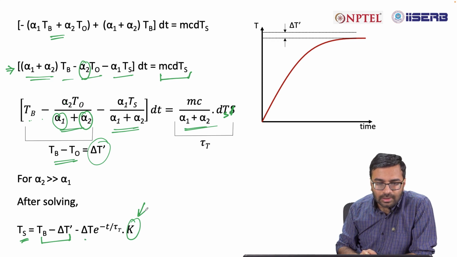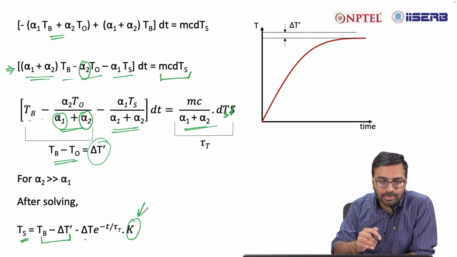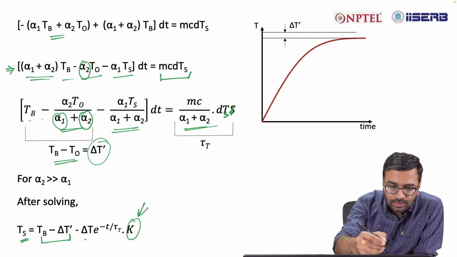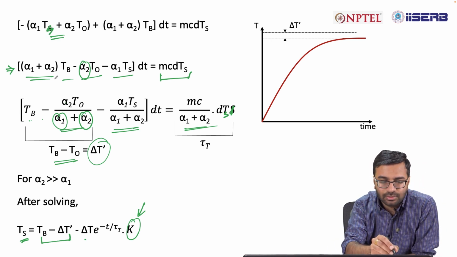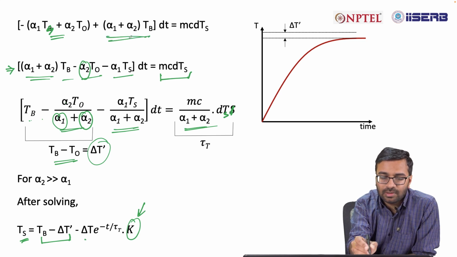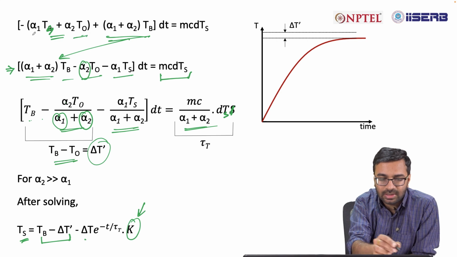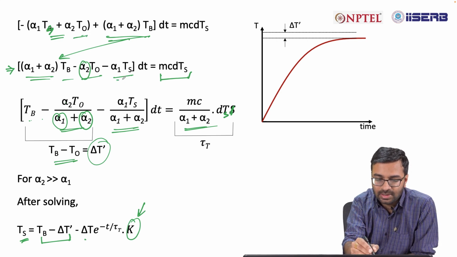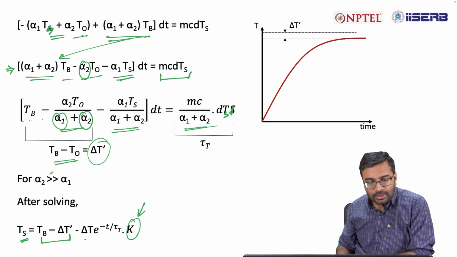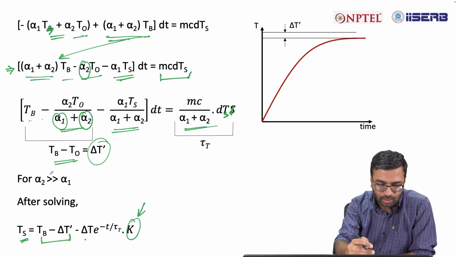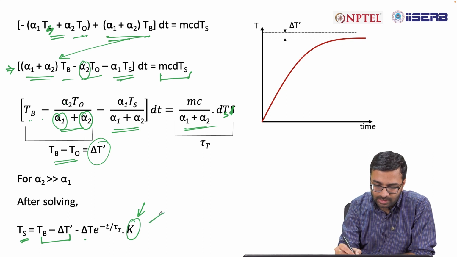So, in this case, please consider this as Ts, it is not Tb. Here it is like (alpha 1 plus alpha 2) Tb, then minus alpha 1 T0, that is minus alpha 1 Ts. We already have mentioned this over here, okay. So, that is the equation. When you solve it, it will lead to this particular equation.